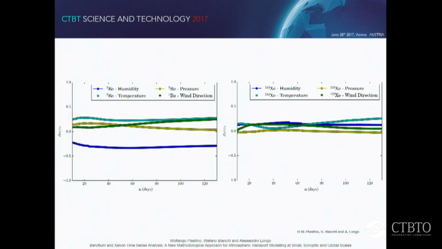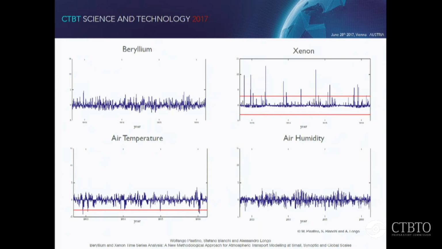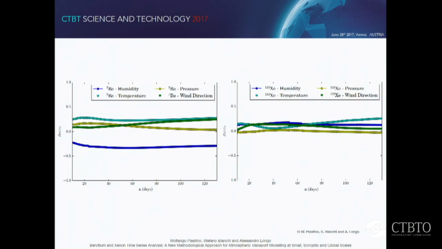So this means that the probability that the spike-like features we observed in the residuals above the 3 sigma are related to local meteorological effects in the station is low. For beryllium, we have no peaks, so few spike-like features that are above this threshold, and there is no similar structure as for xenon. But, of course, these peaks may be related to or affected by the inverse correlation with the humidity.